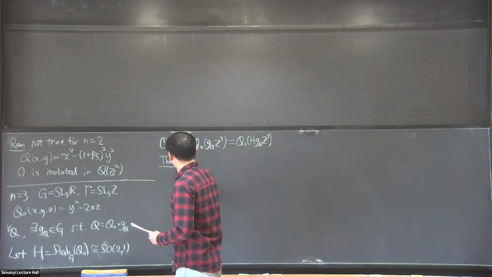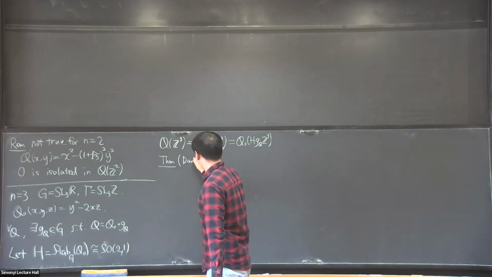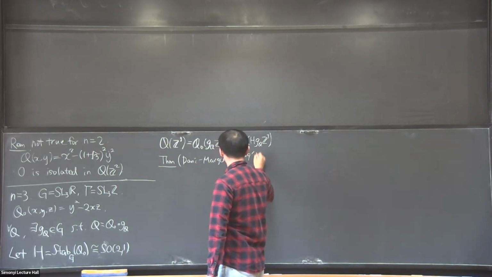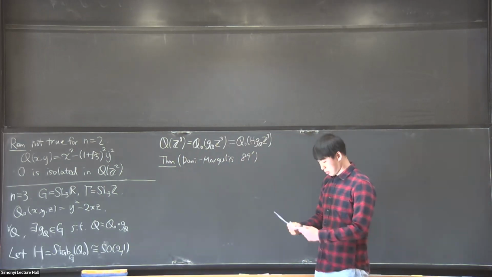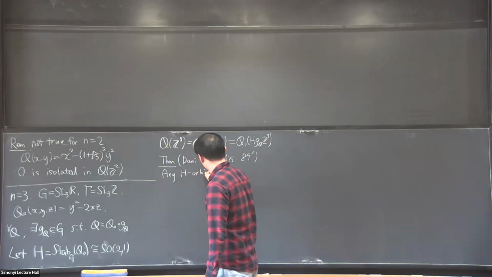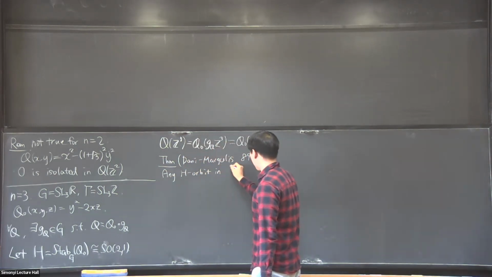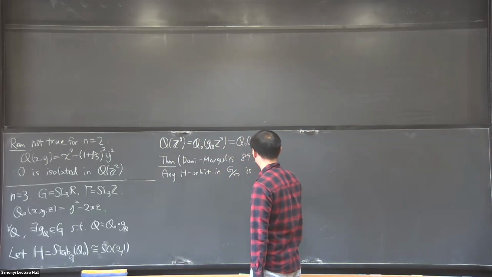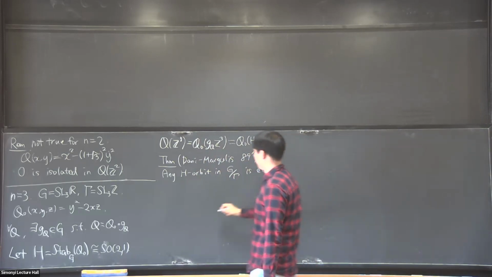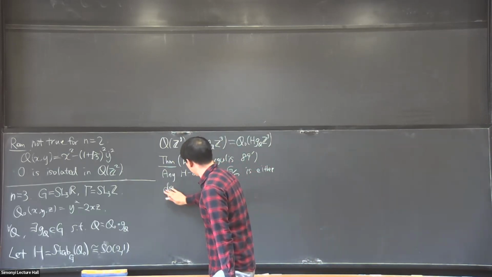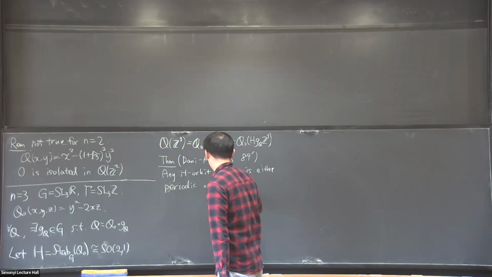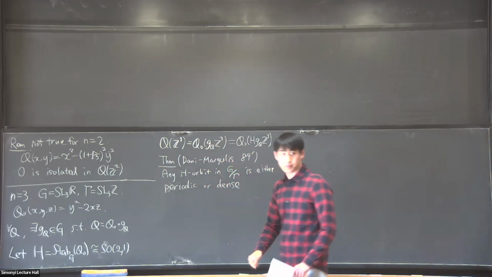And here is the orbit closure theorem of Dani and Margulis, 1989. The statement is that any H orbit in SL3(R) mod SL3(Z) is periodic or dense.